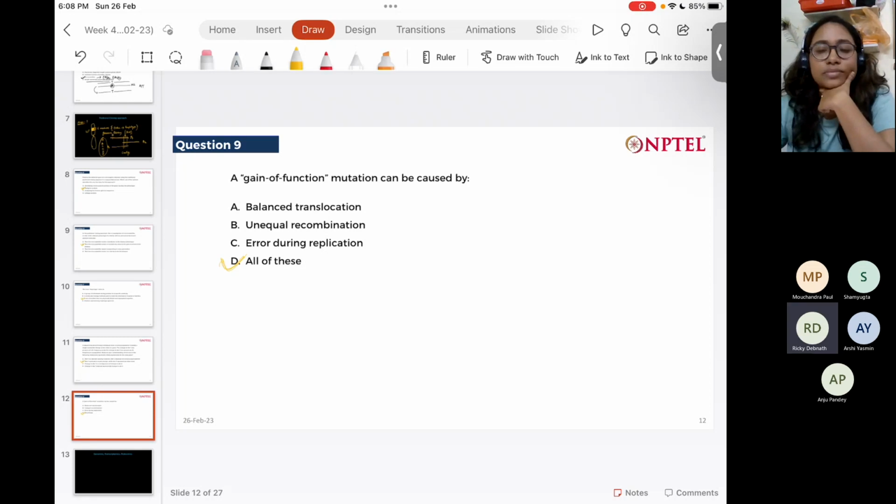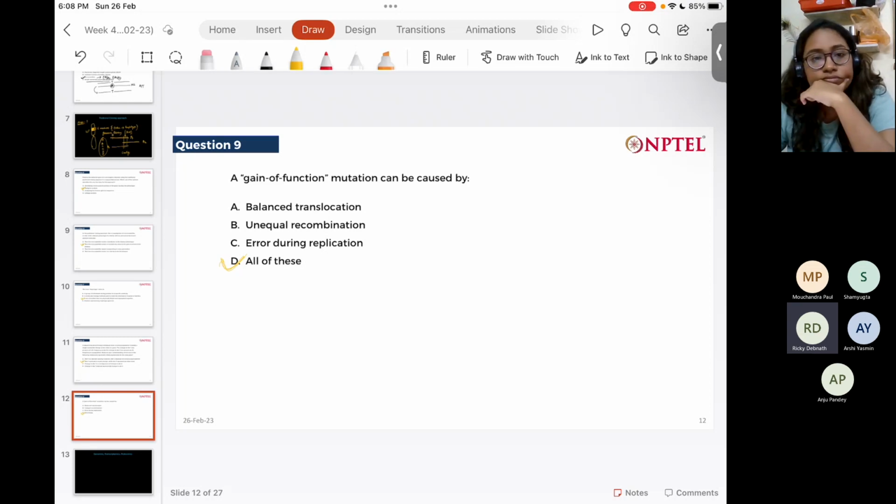Because balanced translocation, we know, can cause gain or loss of function mutation. It can ultimately result in a truncation of the peptide in whatever way, it could be a frameshift due to addition or deletion, or it could be due to a nonsense mutation, right? Whereas in the case of gain of function, that's not the case. So it can be dinucleotide repeat expansion.